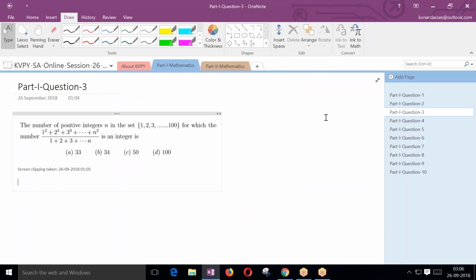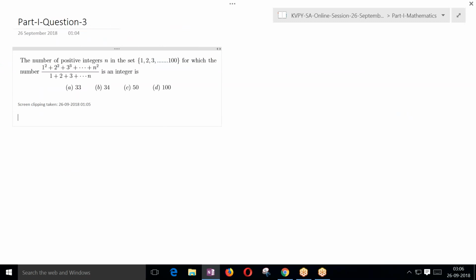This question is a test of your understanding about sequences and series and linear inequalities. So let's see how we can proceed with this one.